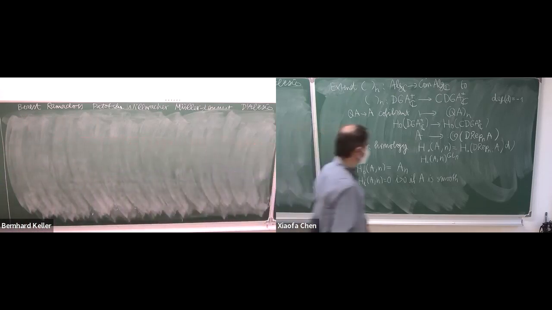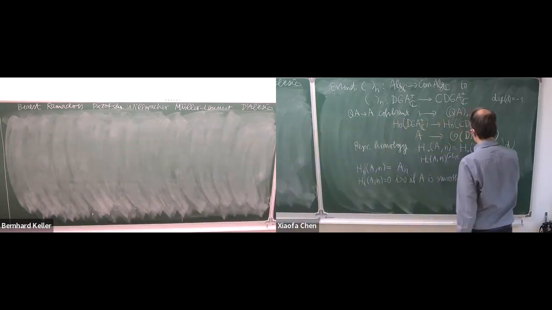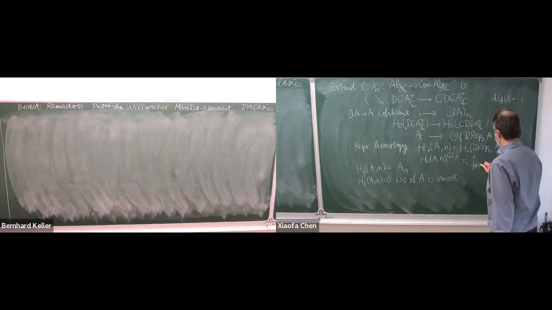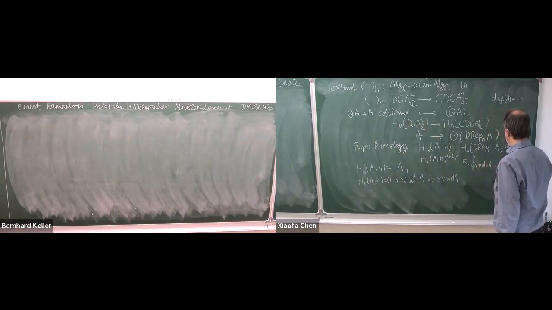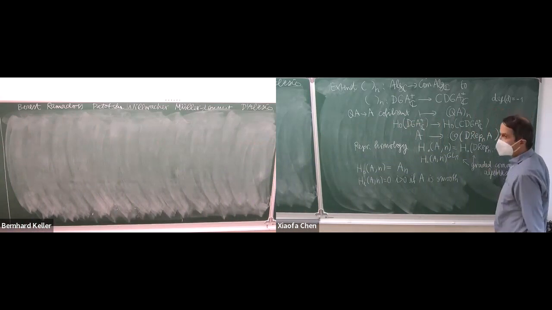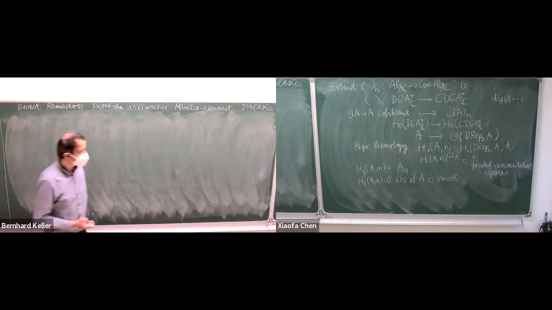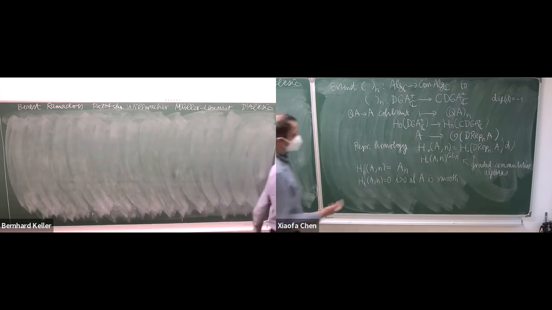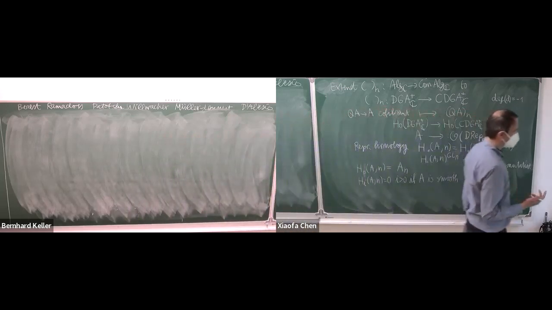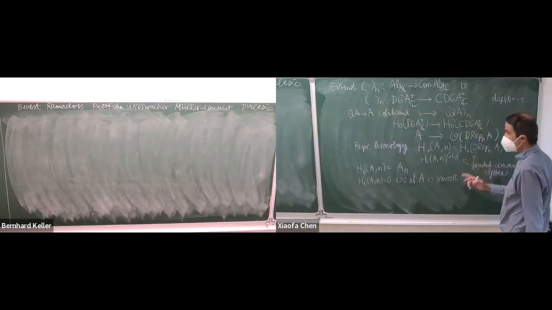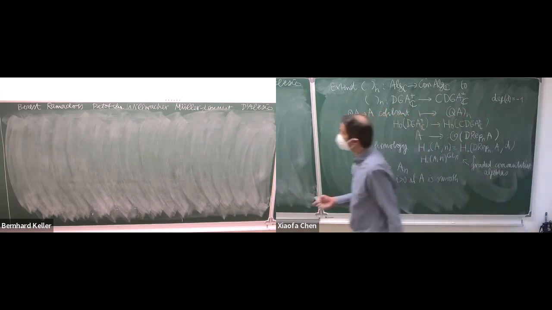Anyway, this is the graded commutative algebra. Graded commutative means that you have a degree which comes from the homological degree, and all the elements of odd degree anti-commute instead of commute.